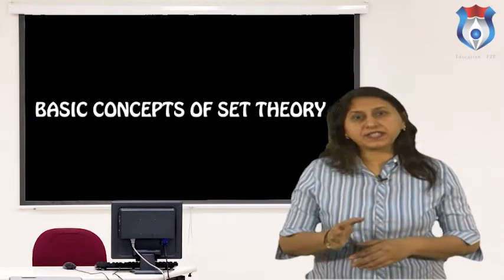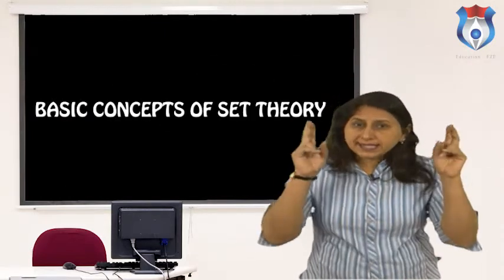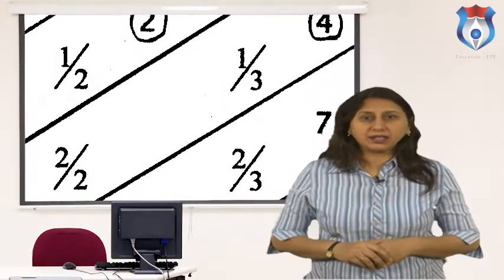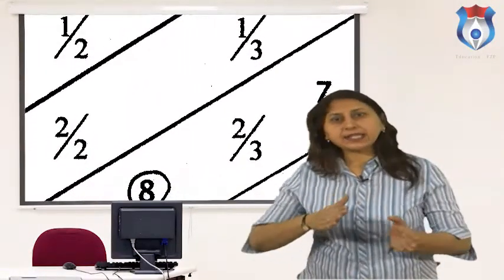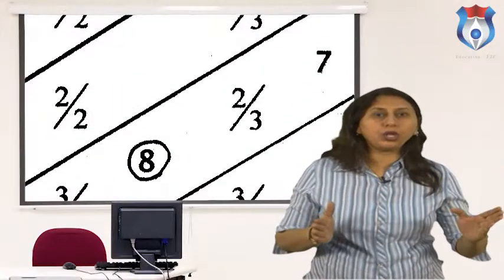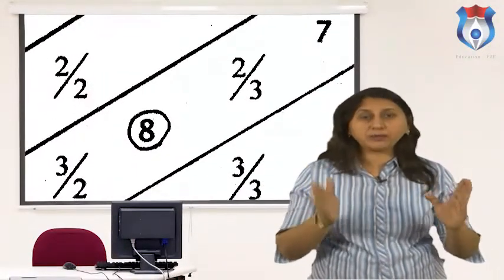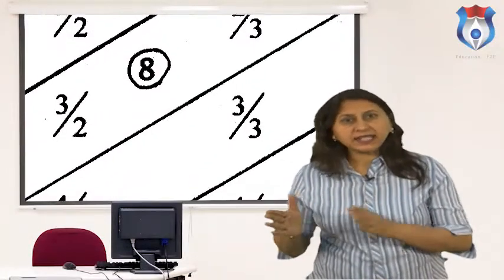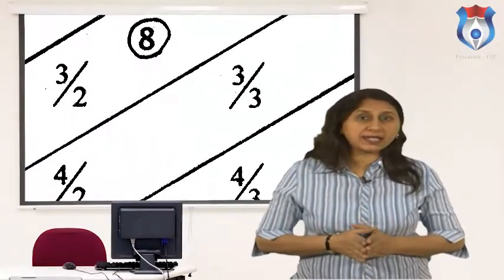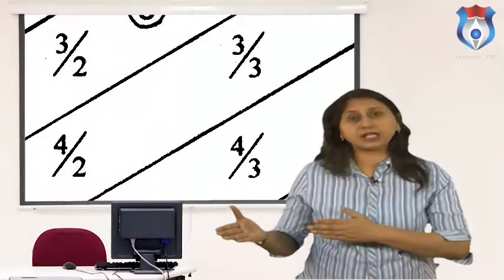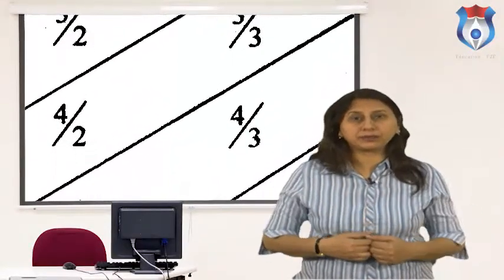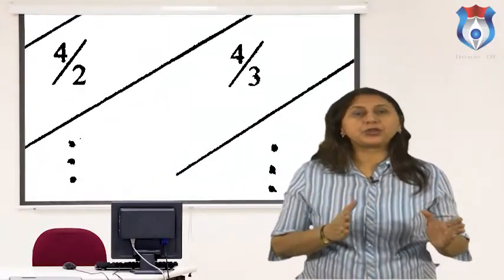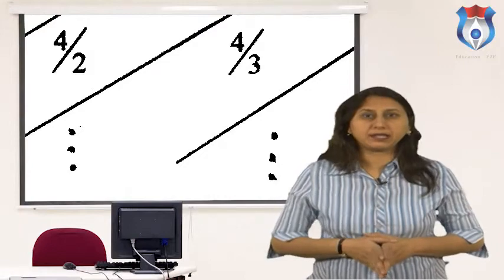Basic concepts of set theory. The word set in mathematics was first used by Georg Cantor. According to him, a set is any collection into a whole of definite and distinct objects of our intuition or thought. However, Cantor's definition faced controversies due to terms like definite and collection into a whole. Later on, a single word, distinguishable, was used to make the definition acceptable.